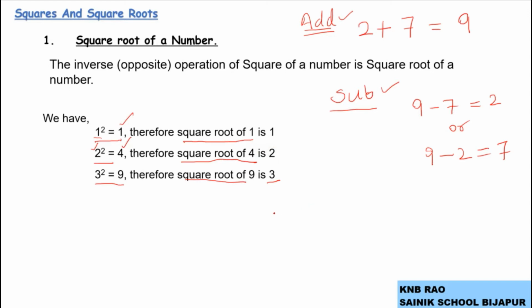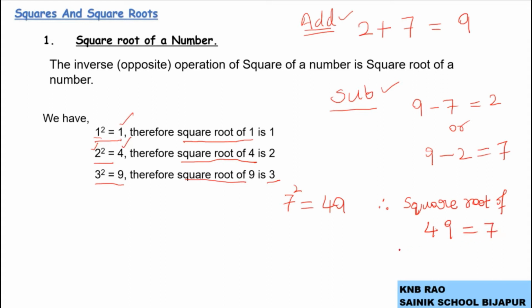Students, for example, if I take 7 square is 49, we know this fact. Therefore, square root of 49 is 7.